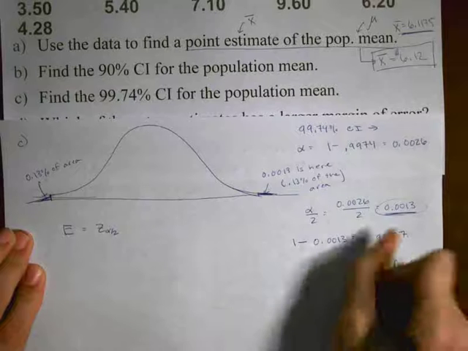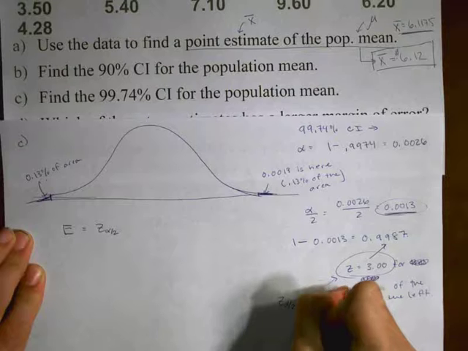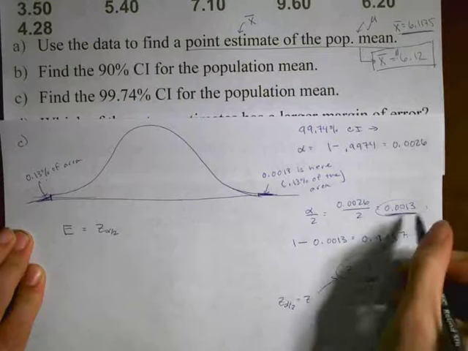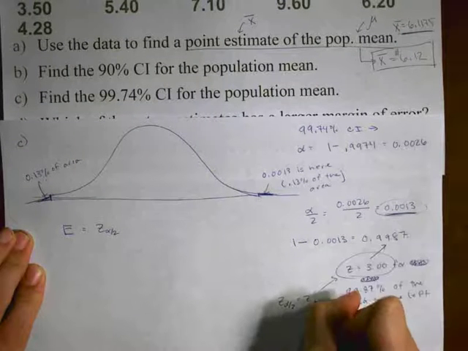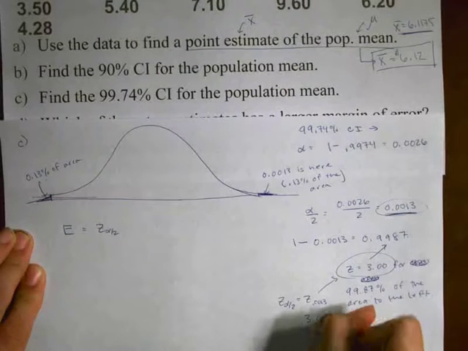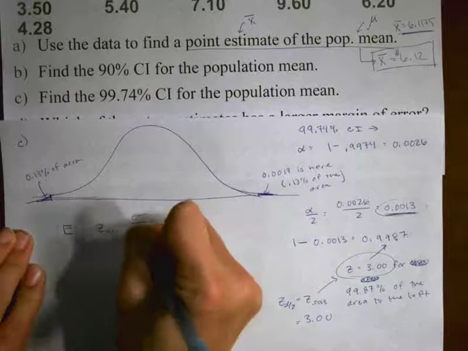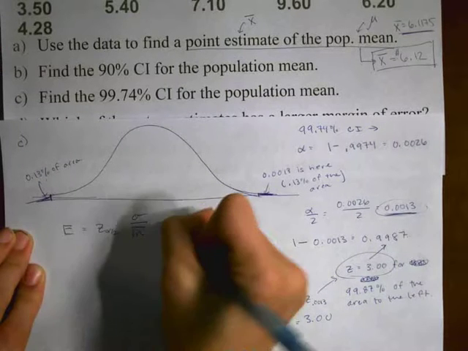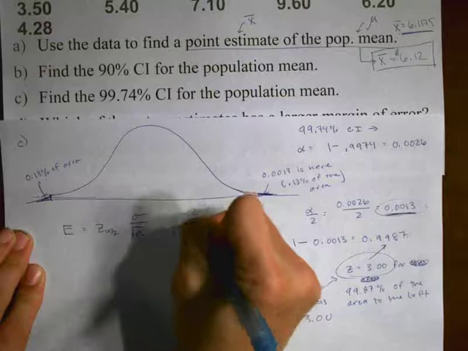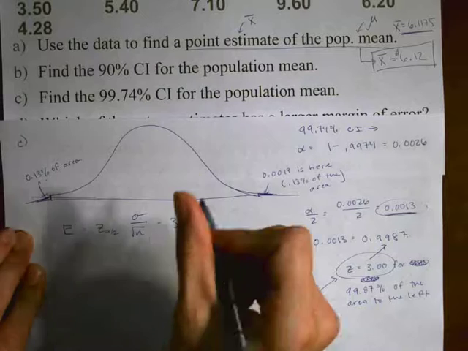Okay, so now I can figure out my margin of error. So my margin of error is z of alpha over 2, which we just found, right? So z of alpha over 2, which is for 0.0013, equals 3.00, times sigma divided by the square root of n.